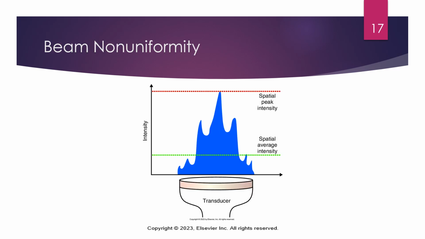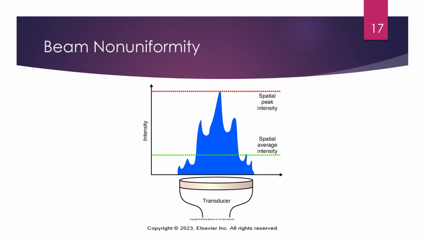So now let's look at this beam non-uniformity. Okay. So some things that we need to look at on this slide and understand is the very top, where we have this red dotted line called the spatial peak intensity. This is the highest intensity of the ultrasound beam at any point, represented by those tall peaks on that graph. Hotspots can occur if that transducer head is not moved properly, as this is where the majority of that energy is concentrated.